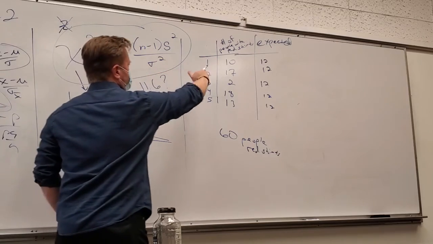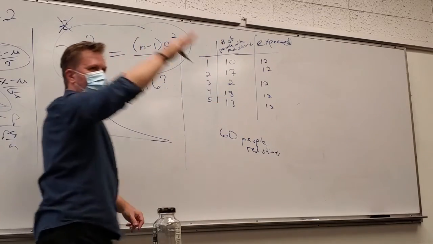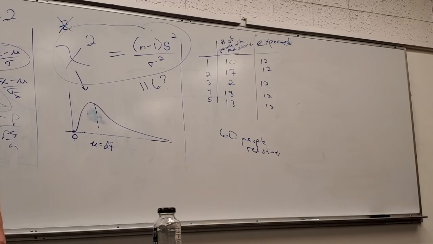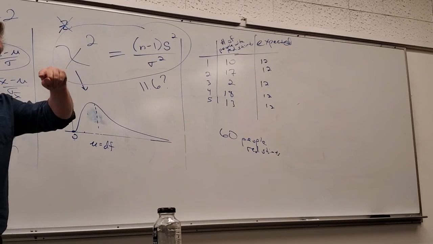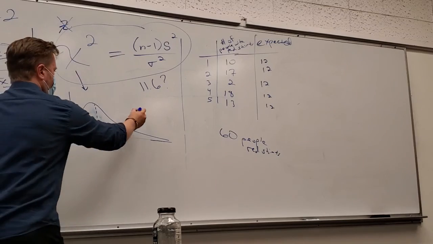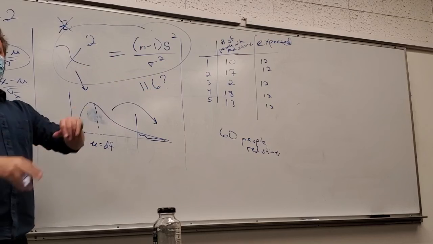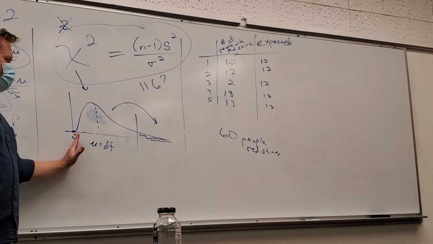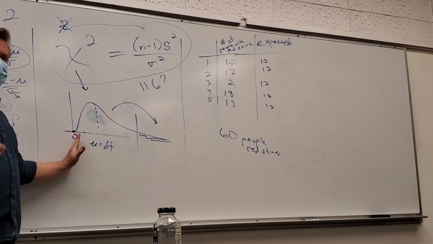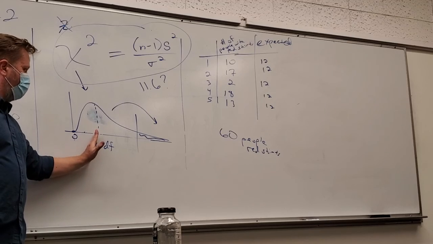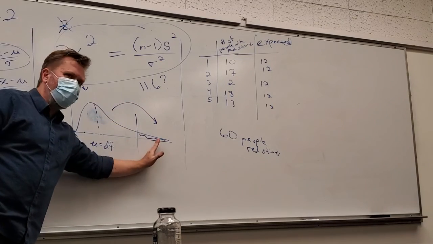If everything was exactly the same, wouldn't I get zeros when I look at all the differences? So that would relate to being right here. So what would be evidence that the population is actually different is something out here, a rejection region. So here's where there's no difference. How do I show that there is truly a difference? Not only does it have to be different, it has to be different enough.